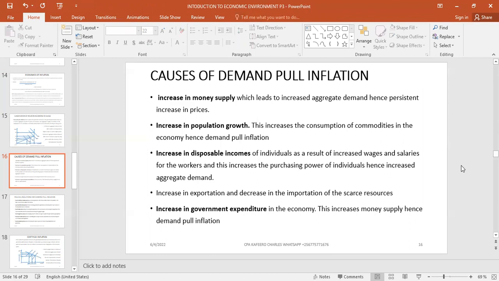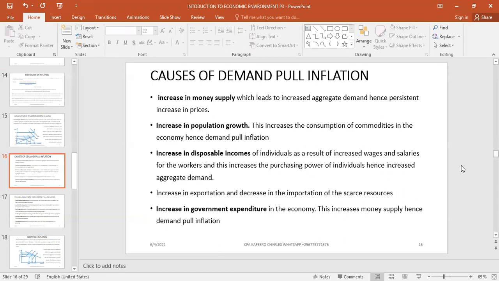So if there is an increase in the money supply, since people have the money to purchase goods, that will cause aggregate demand, because at whatever price the producer may set, clients will be willing to buy the items because they can access them. There is money, and as the prices are increasing, we expect that inflation is coming in.